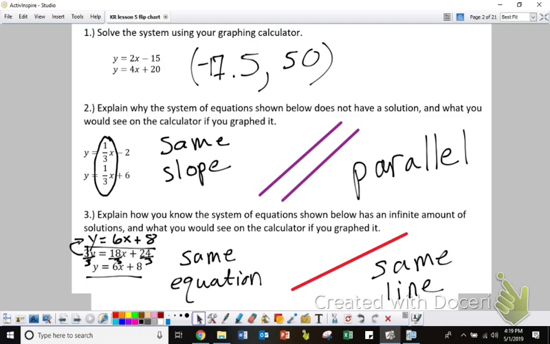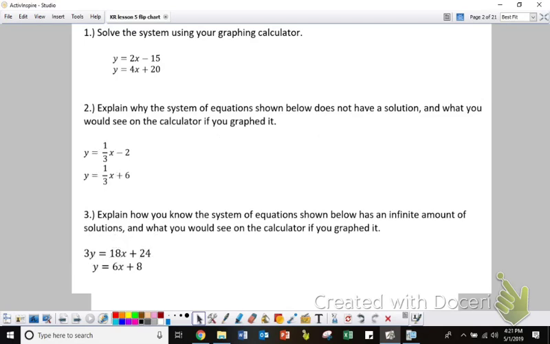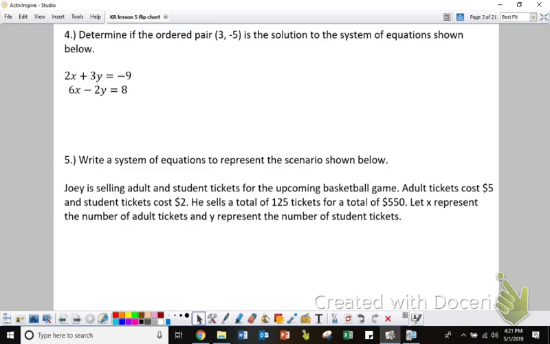Okay. Moving on to number 4. Number 4 says, determine if the ordered pair 3, negative 5 is the solution to the system of equations shown below. Since they just gave you the values of 3 and negative 5, we're just going to plug those in and see whether or not it gives us the same thing on both sides.